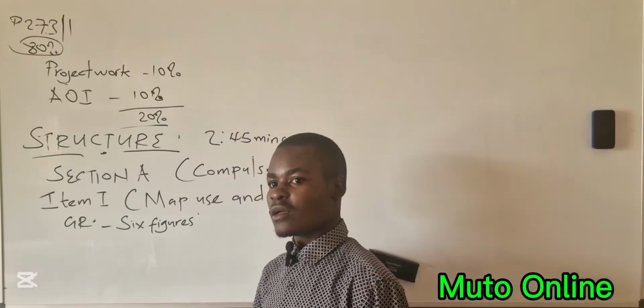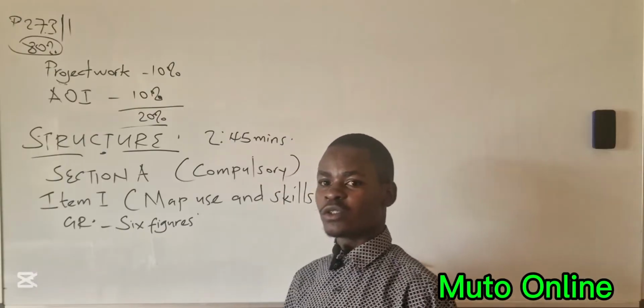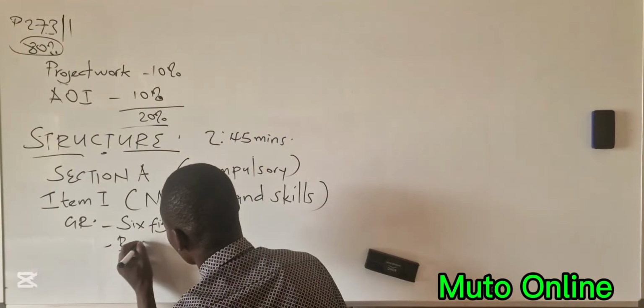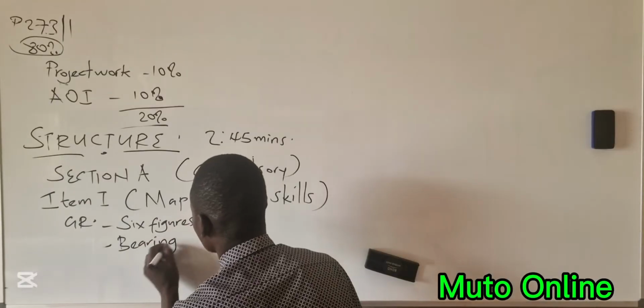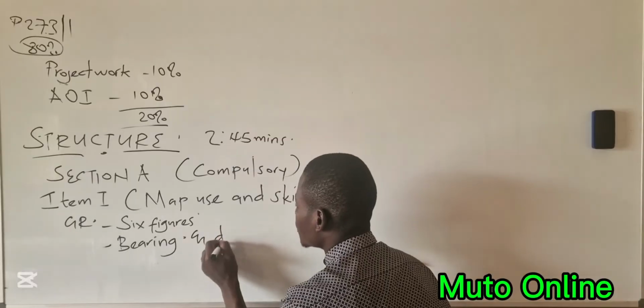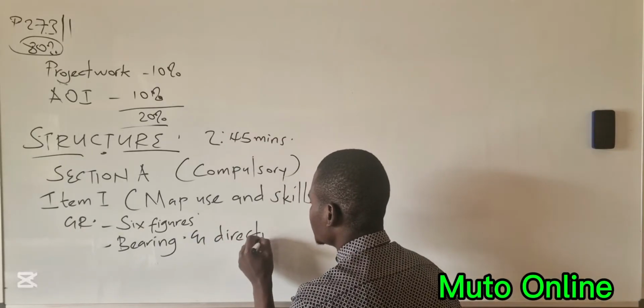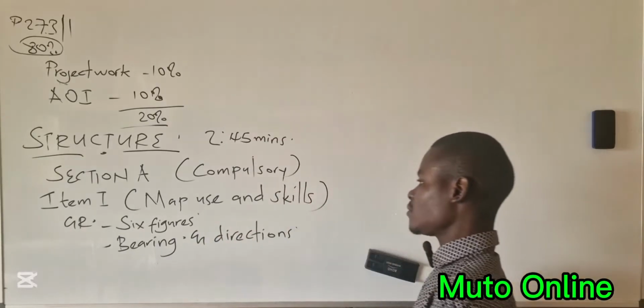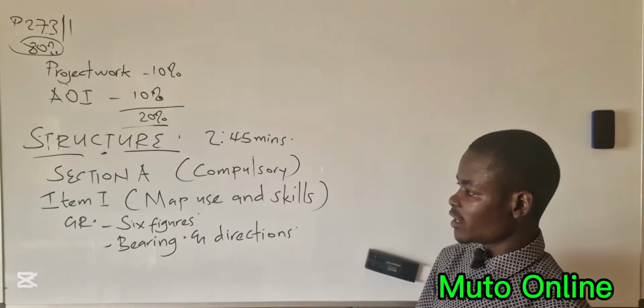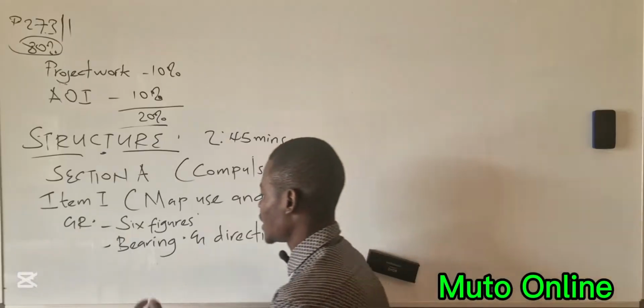Then, without wasting time, allow me to take you through the other aspect, and that is bearing. It is also important, bearing and directions. So these two move hand in hand. However, for the case of bearing, we normally use digits.